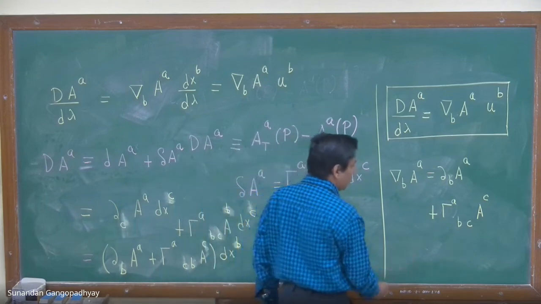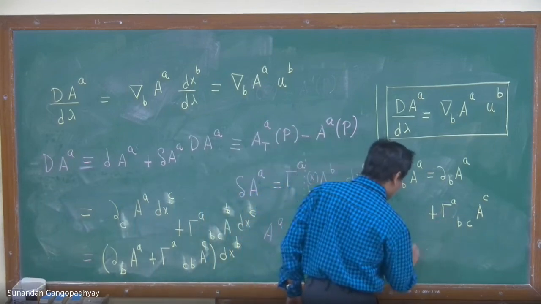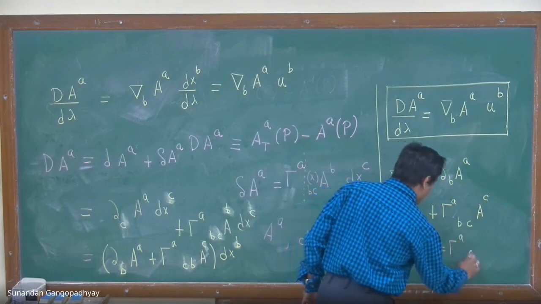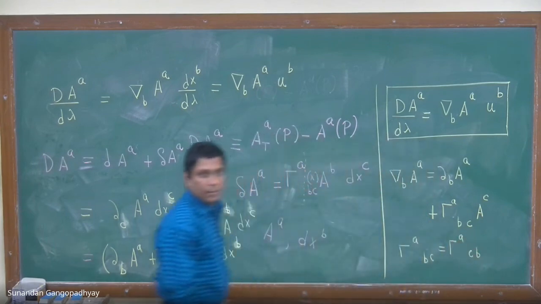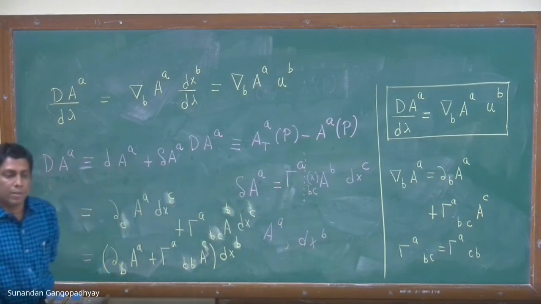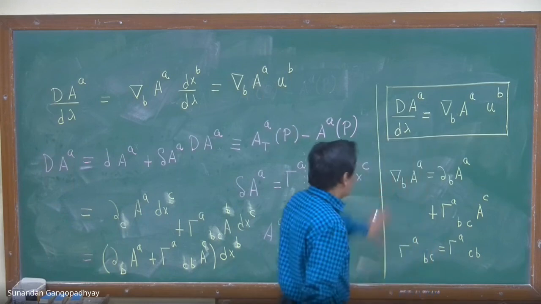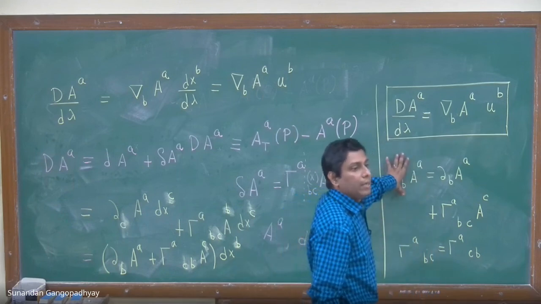And I will put one more property, that gamma A is symmetric. This connection is symmetric in the lower indices. This derivative is called the covariant derivative.